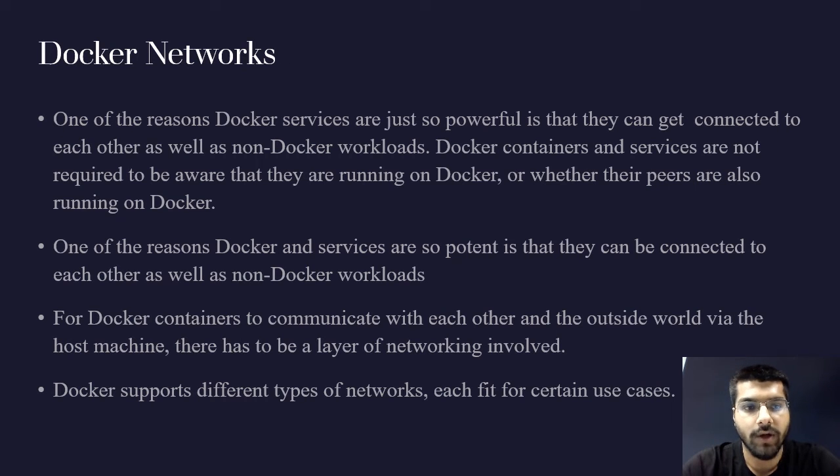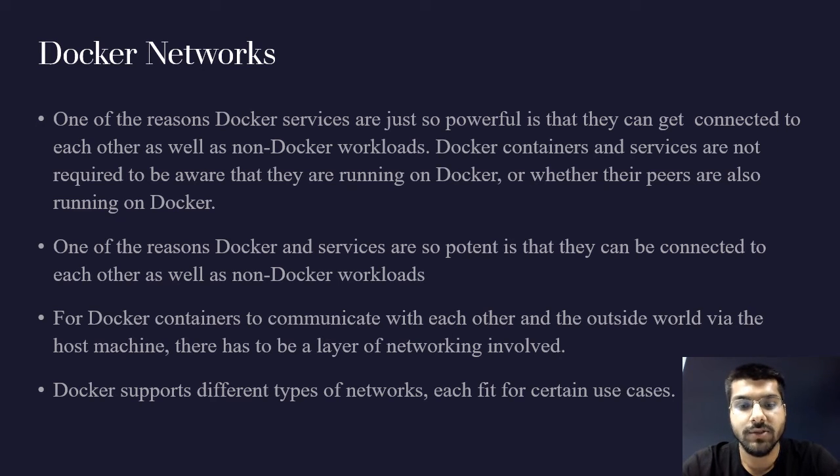so now I'll be talking about Docker networks. When it comes to Docker networks, first of all, we need to know that Docker services is such a powerful thing that it can get connected with Docker as well as non-Docker workloads. Docker containers and services are not required to be aware that they are running on Docker. So the best part is that you can connect it with workloads that don't even know whether you are working on Docker or not.